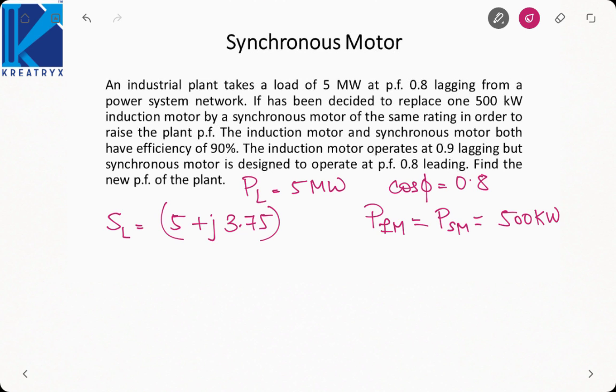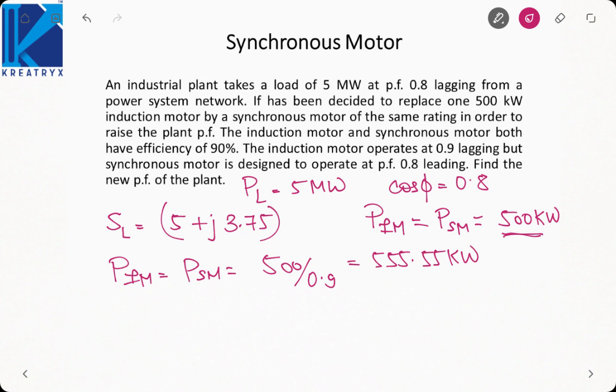Now both have an efficiency of 90%. If efficiency is given, it is clear that this is the output power, which means the input power can be derived by dividing by efficiency. So it will be 555.55 kilowatt. That is the power input of the induction and the synchronous motor.